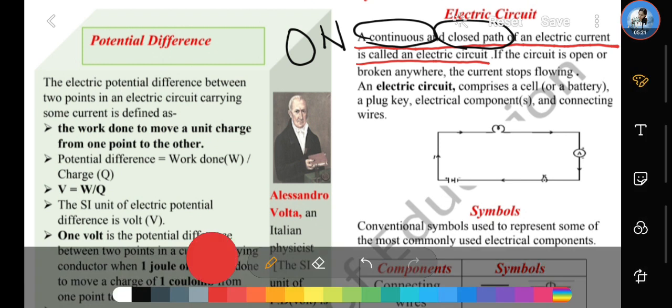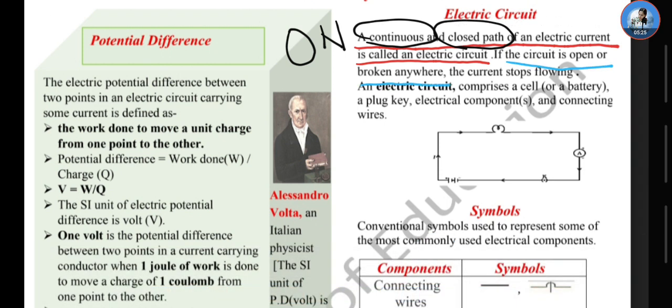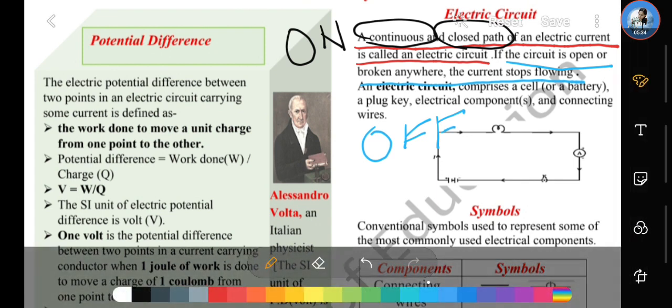Next one is, if the circuit is open or broken anywhere, then the current stops flowing. It means the switch is off. There are two types of circuit, students. First is closed circuit and second is open circuit. Closed circuit means where the current is flowing continuously and it is closed.